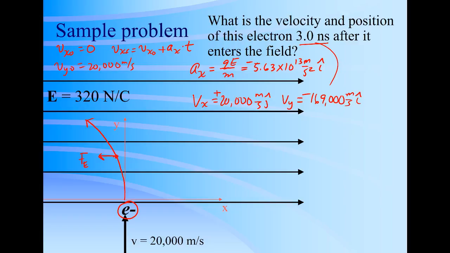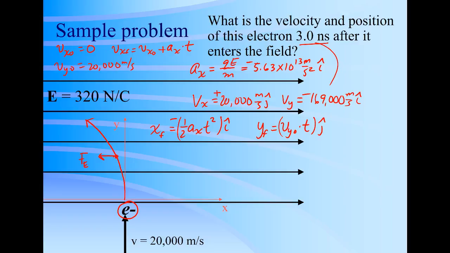Okay, if we want to find the position, then we can just calculate x and y. Our calculation for x final is the exact same as before. That x final will be one half ax t squared, in the negative i hat direction, and y final is just going to be Vy initial times t, in the positive j hat direction.